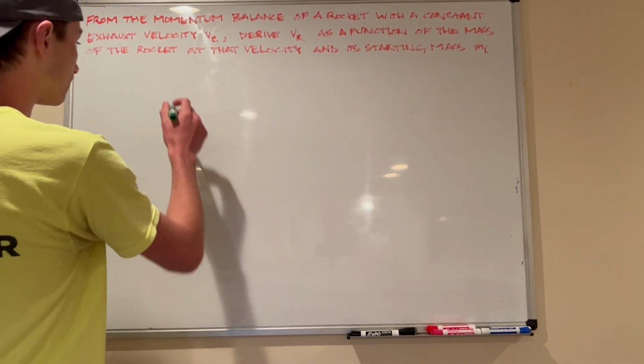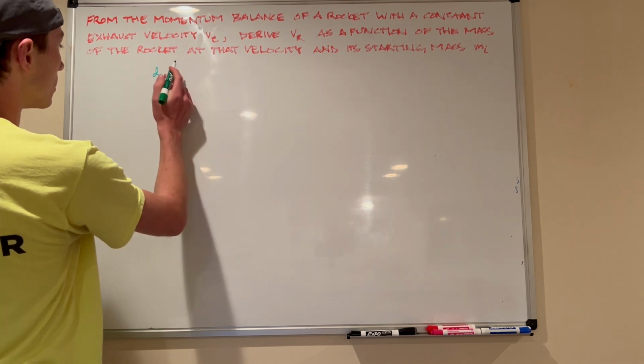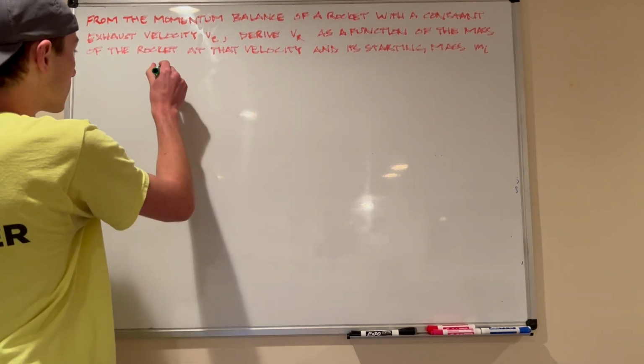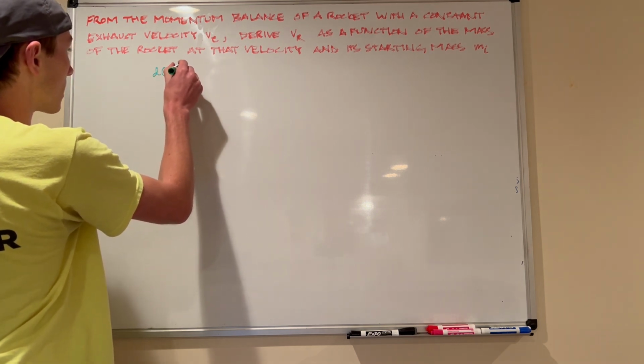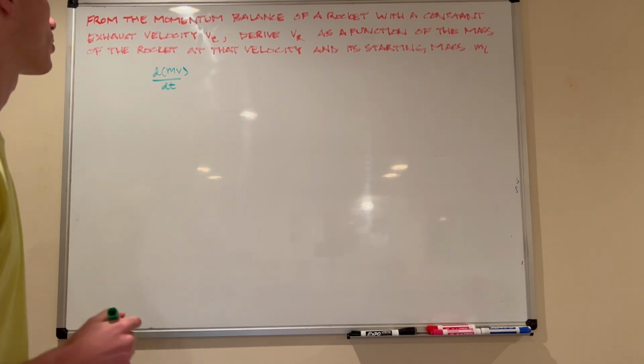So we have some change in momentum, and if you remember, momentum from physics class is simply m times v. With respect to time, we have some change in momentum with respect to time.